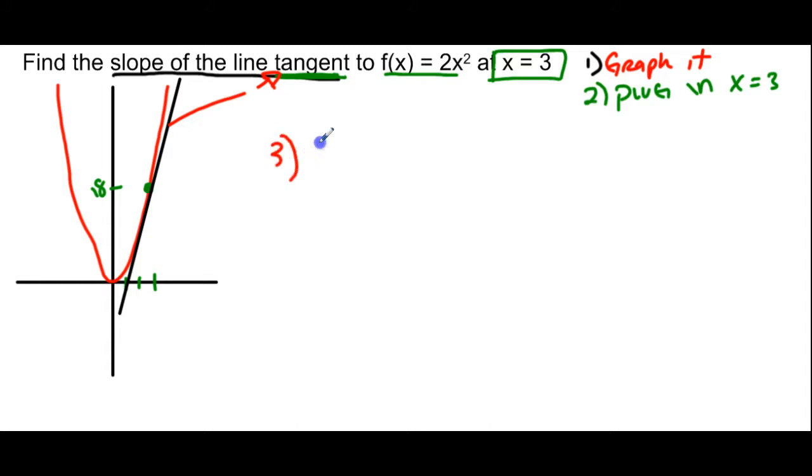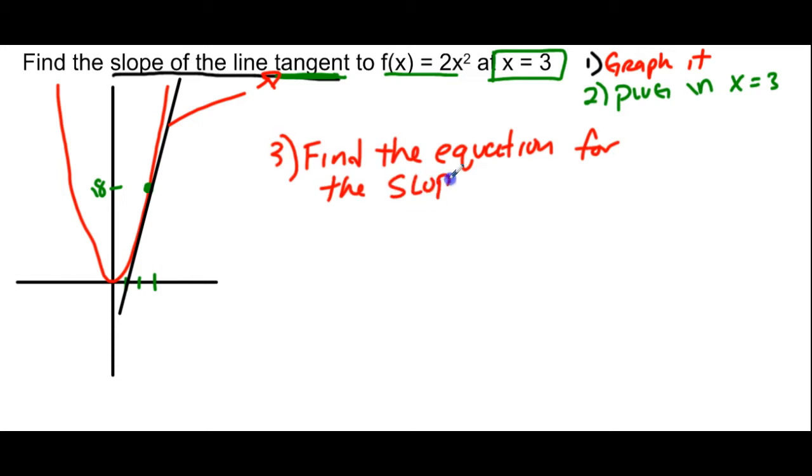So number 3, find the equation for the slope of the tangent line. How do we do that?